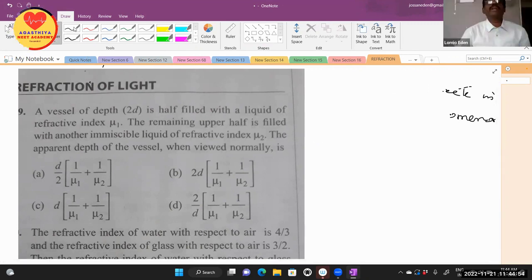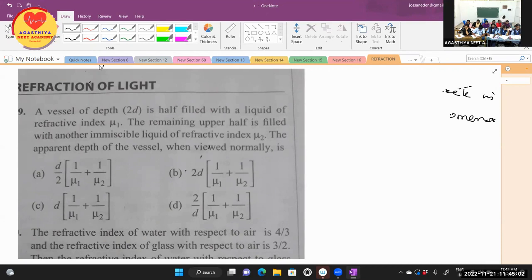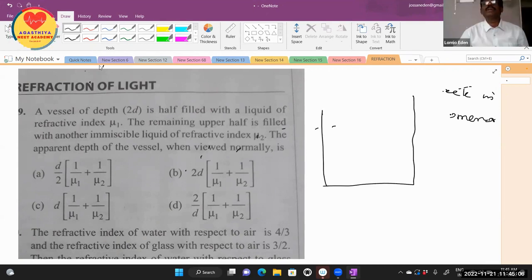A vessel of depth 2D is half filled with the liquid of refractive index mu1. Consider this is the vessel. The total depth of the vessel is, let it be 2D.